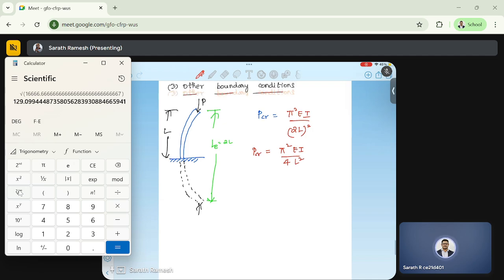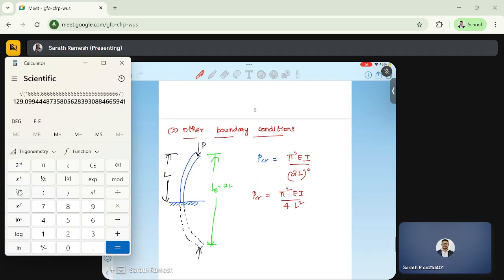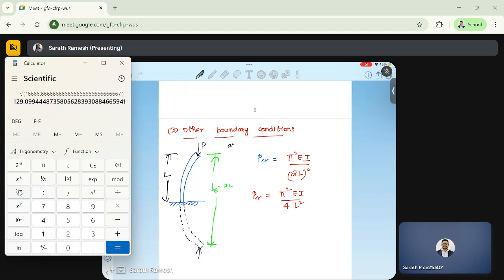Okay, this is one boundary condition, that is one end fixed and one end free.